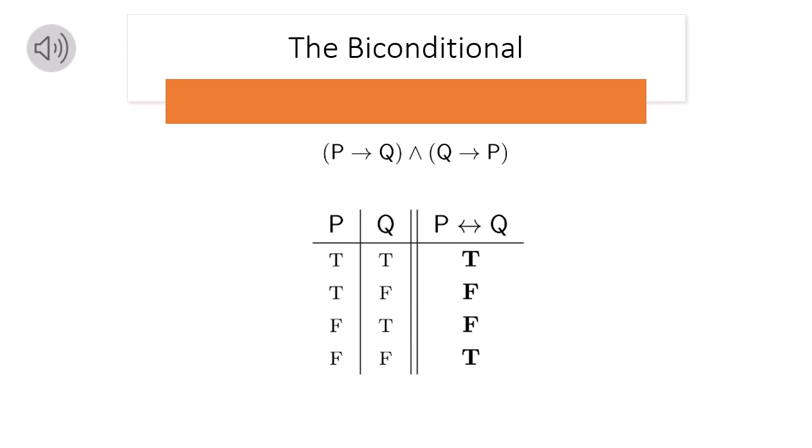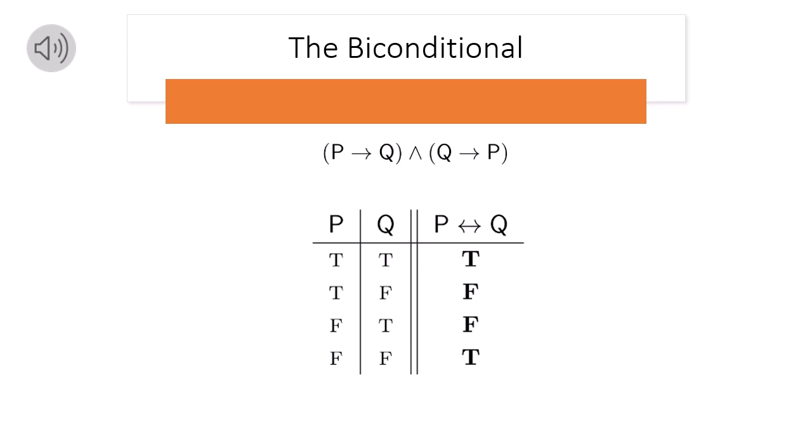And it gets marked with an F if they have different truth values. It also turns out that it's logically or tautologically equivalent to a statement that can be made in terms of a conjunction and the regular material conditional. And that statement is written here on the top. And that tautological equivalence can just be checked by constructing a truth table.